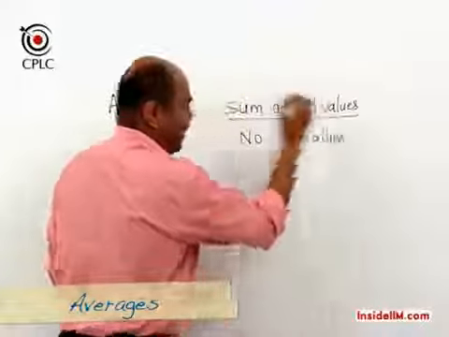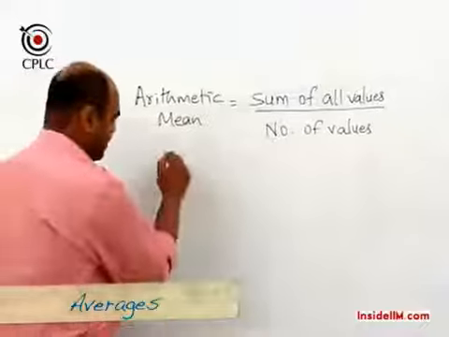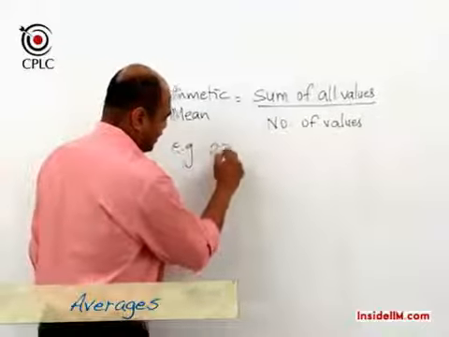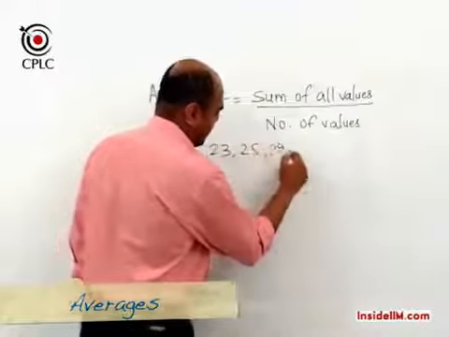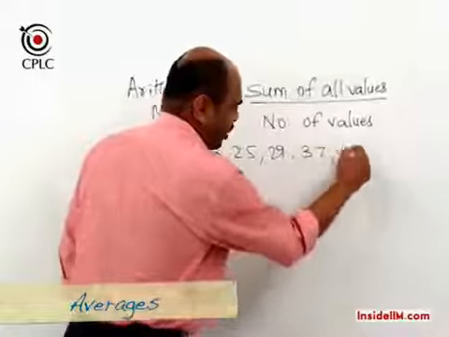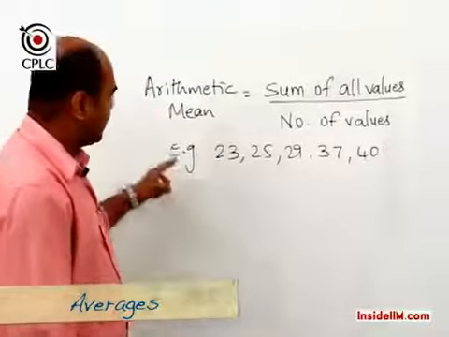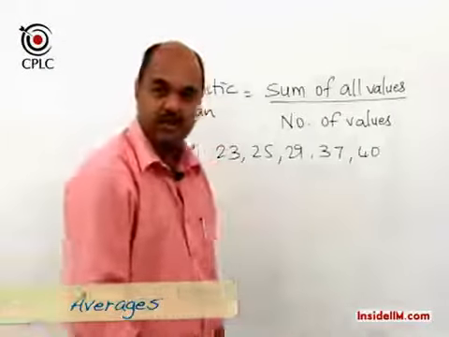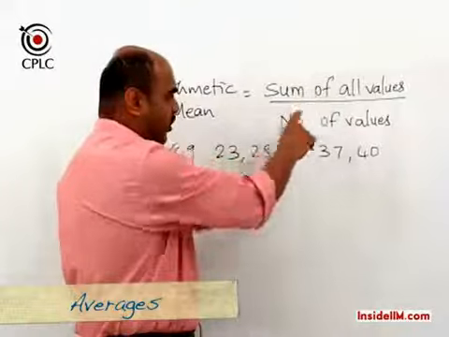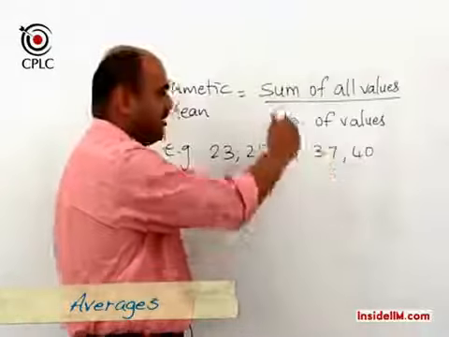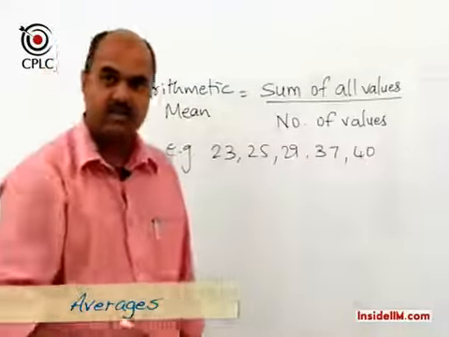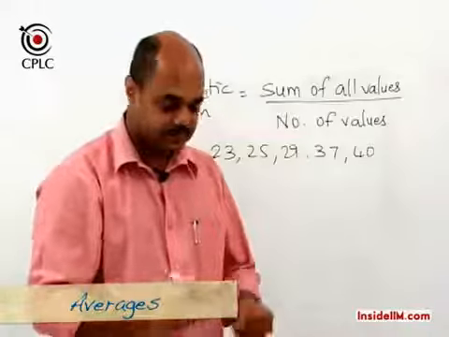So let's take an example. If we have values like 23, 25, 29, 37 and 40. We've taken 5 values here. So the arithmetic mean for this set of 5 values would be the sum of all the values. We would add up these and divide by 5. That would be the value for arithmetic mean.